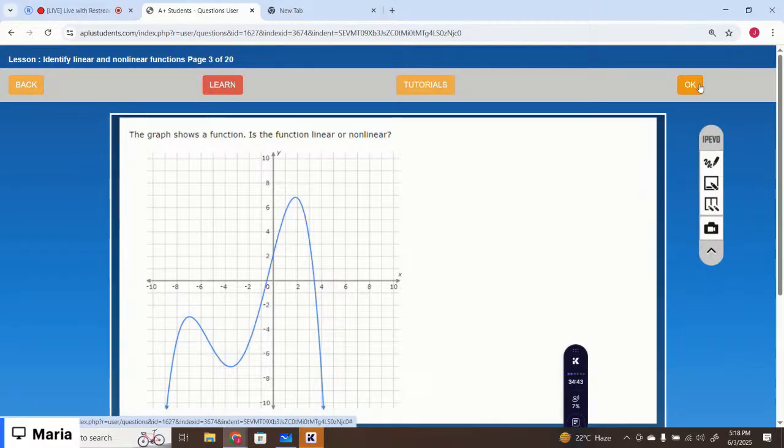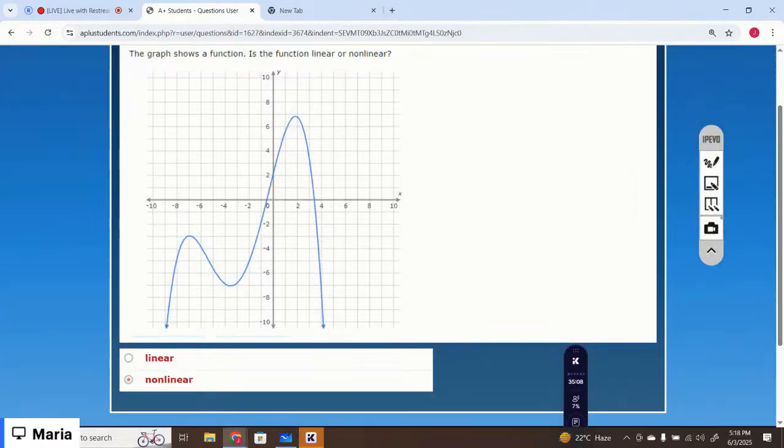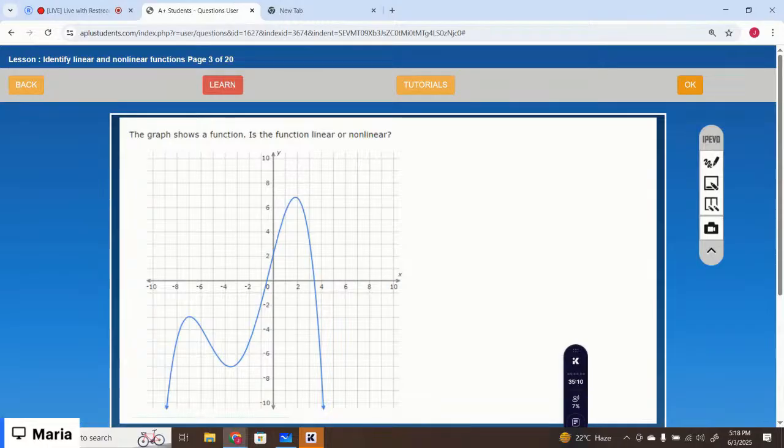The graph shows the function. Is the function linear or nonlinear? The graph is not a straight line, so that is a nonlinear function. Option number two is the correct option.